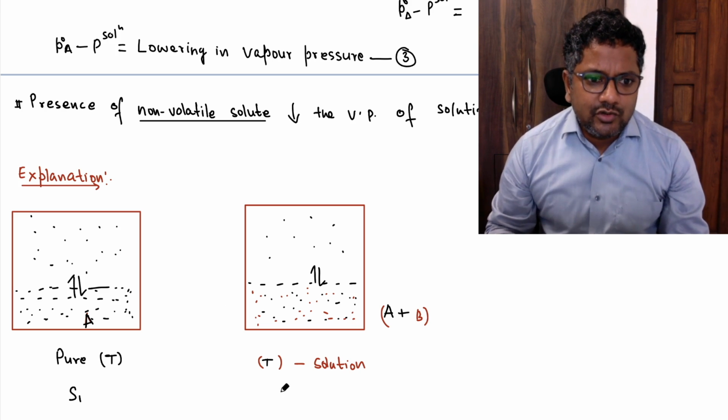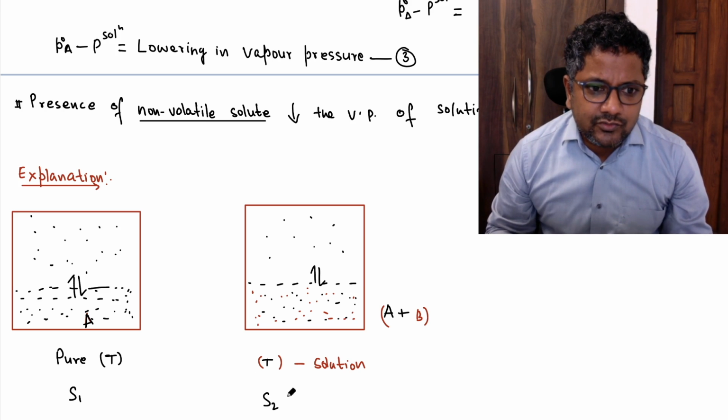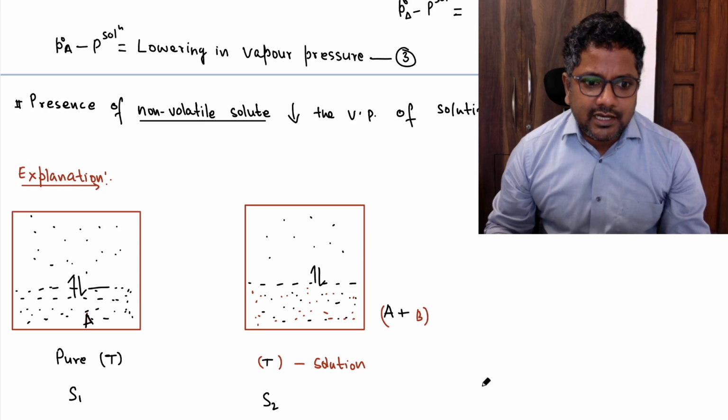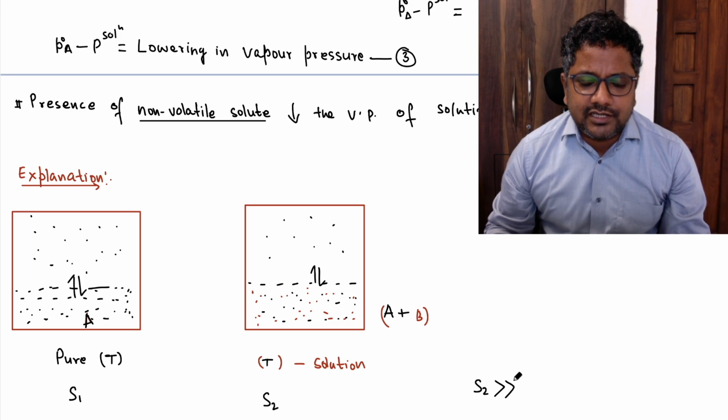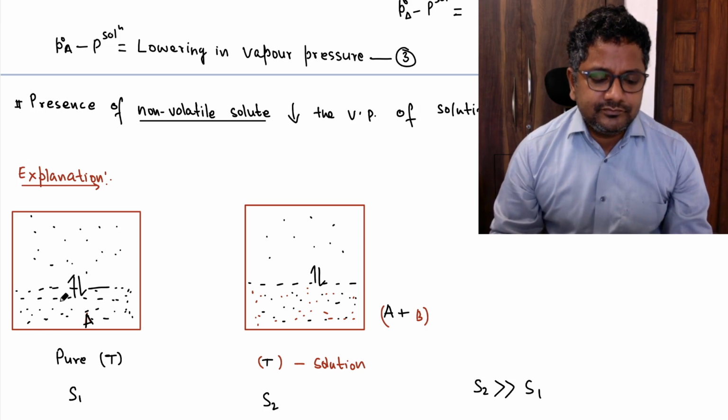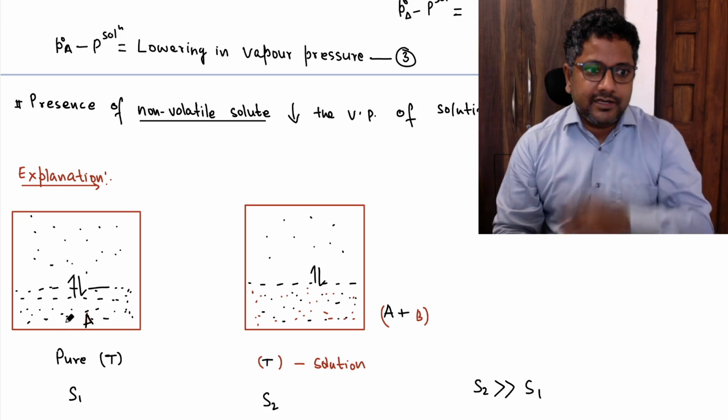exceptionally. So here this S2 is the entropy of this liquid system. So S2 is entropy of solution, and this is much larger than S1, entropy of pure solvent. So what is the effect?